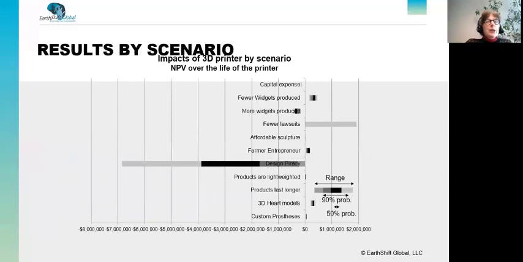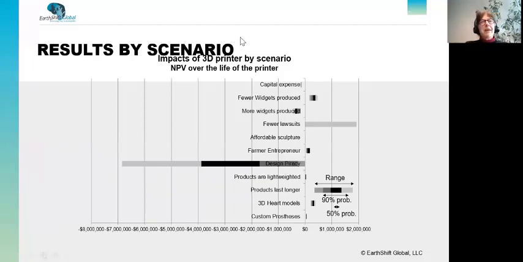So let's look at the impacts. This isn't by stakeholder. This is just the cumulative of the different scenarios we looked at. And our functional unit here, if you will, was one printer over its life. So we said, well, one printer can help perhaps one farmer and maybe lightweight one product.